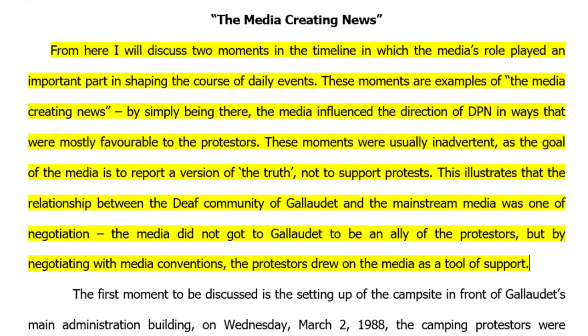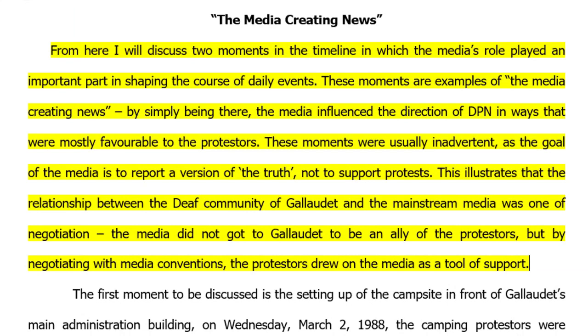I'll just read this paragraph and then explain what I did with it and what works and what could have been done better. I wrote, "From here, I will discuss 2 moments in the timeline in which the media's role played an important part in shaping the course of daily events. These moments are examples of, quote, the media creating news. By simply being there, the media influenced the direction of the Deaf President Now protest in ways that were mostly favorable to the protesters.